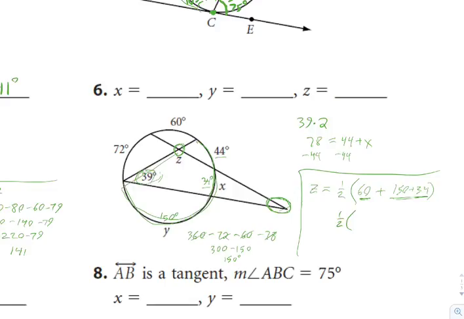So 1/2 of, and then 60 plus 150, that's 210, plus 34, so that's 1/2 of 244. Those are nice, easy numbers, so that's 122 degrees. Okay, so going up here, Z was 122 degrees, Y was 150 degrees, and X was 34 degrees.